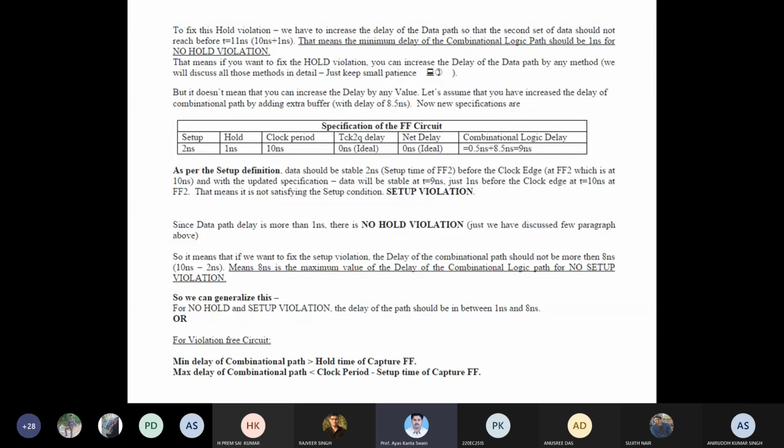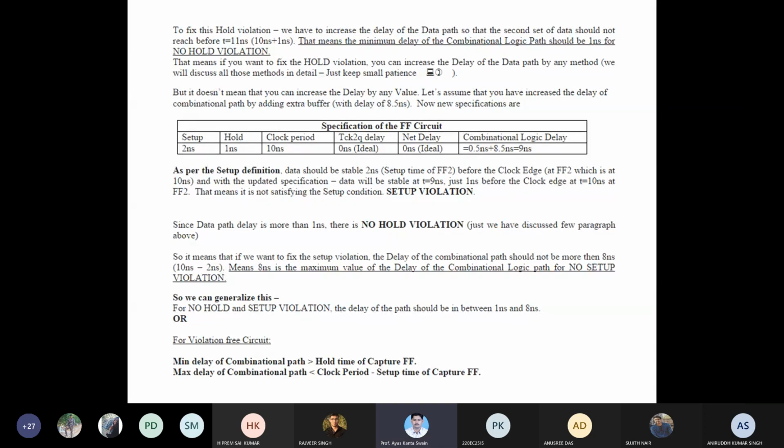Initially, the data launched at 0 nanosecond, and after 0.5 nanosecond it was present, so your slack is positive, which is much before your 8 nanosecond required time. Okay. If you are increasing the delay to 9 nanoseconds, after 9 nanosecond it will reach, so your slack will become -1. Okay, so it shows that there is a setup violation.